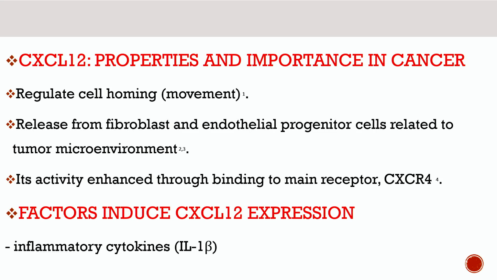It is released from endothelial cells, fibroblasts, and immune cells, and it acts through binding to its receptor CXCR4. Many drugs have been made that target CXCR4, and these drugs showed limited clinical success.